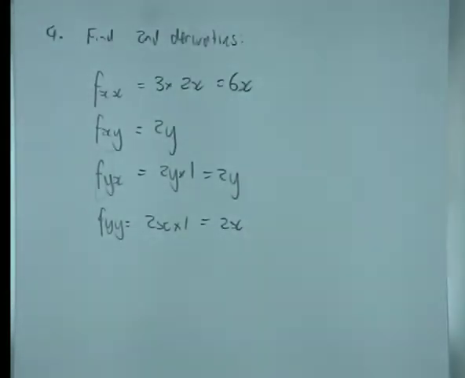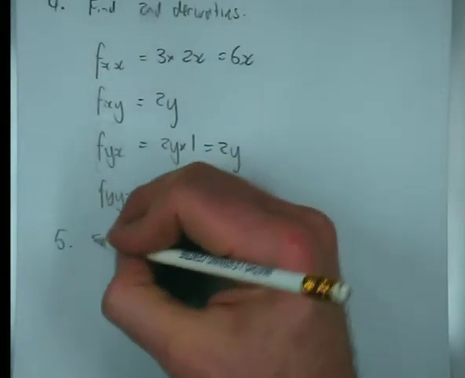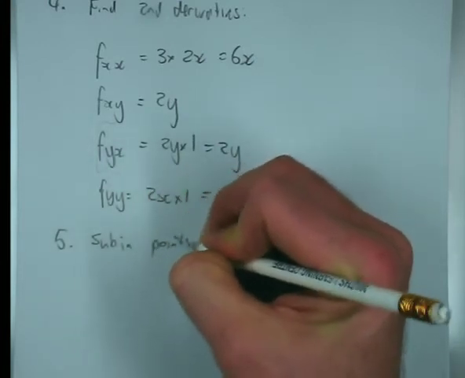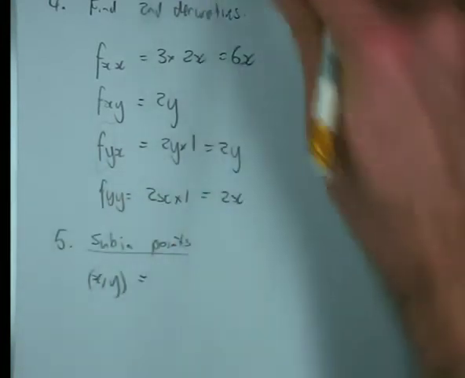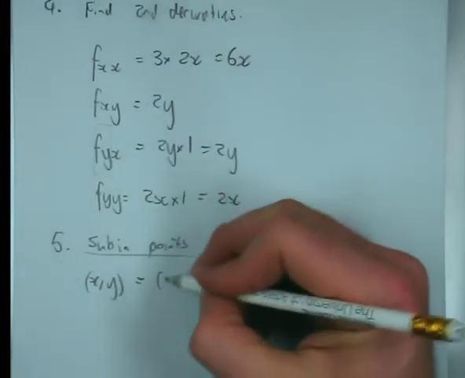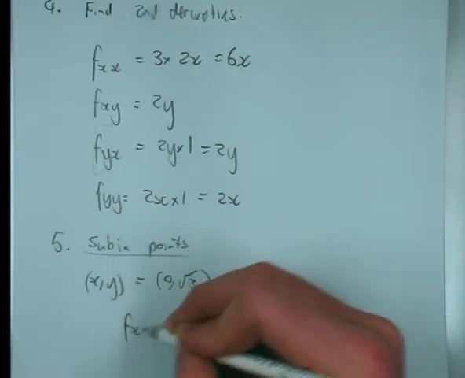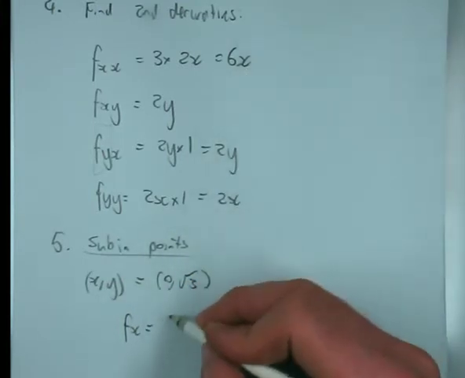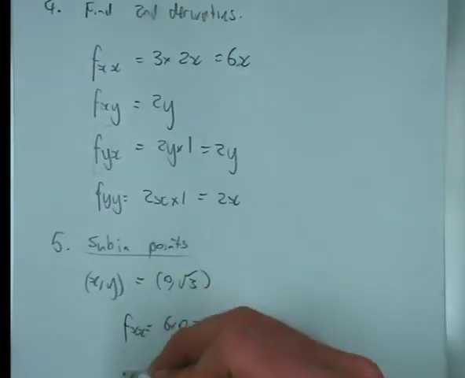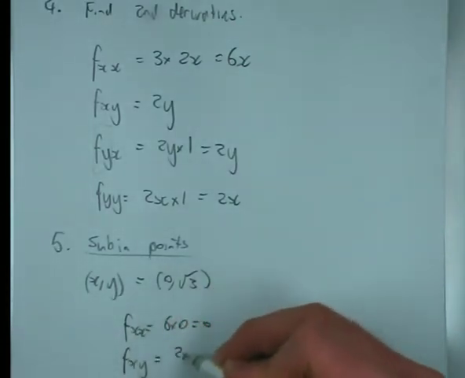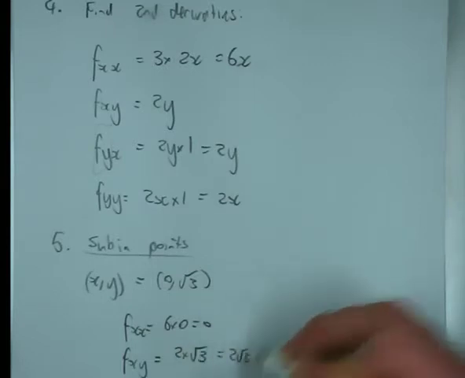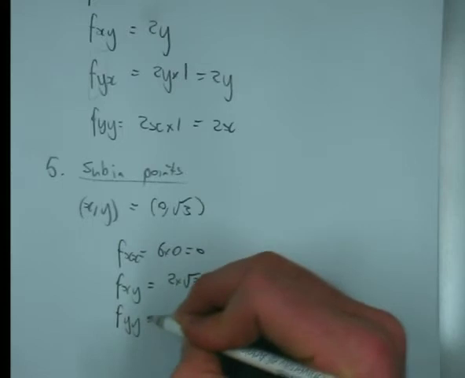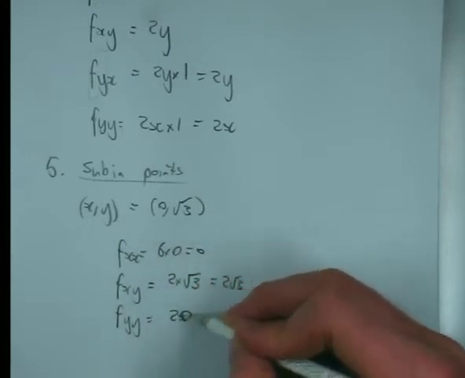Okay, so I've found my second derivatives, and I sub in to help me figure out what. So let's sub in my points. So I've got the point xy equals 0 root 3. So fxx was 6x, which is 6 times 0, which is 0. fxy was 2 times y, which is 2 root 3. fyy was 2x, which is 0 as well.